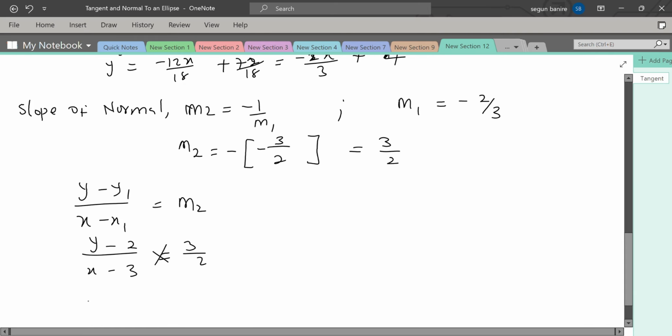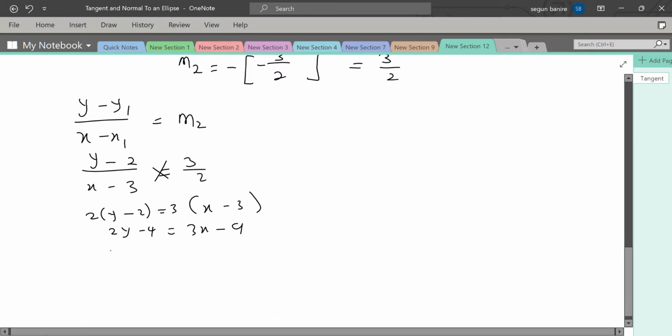So cross multiply: 2 into y minus 2 equals 3 into x minus 3. 2y minus 4 is equal to 3x minus 9. So 2y is equal to 3x minus 9 plus 4. So 2y is equal to 3x minus 5.